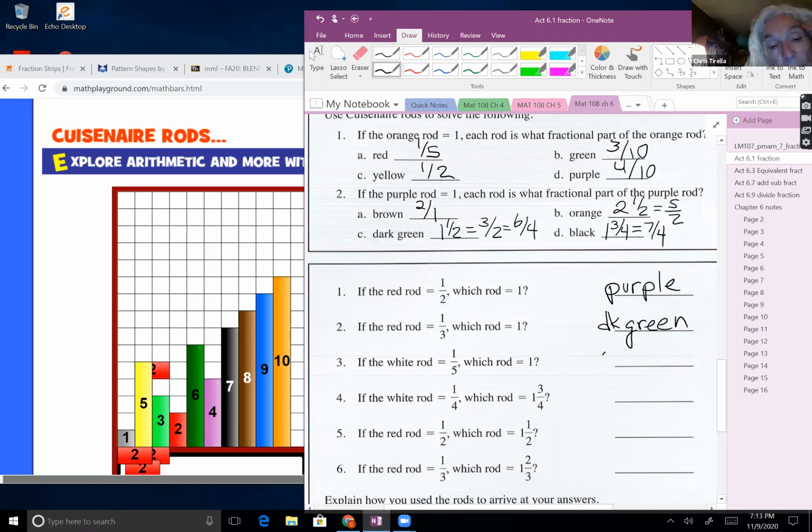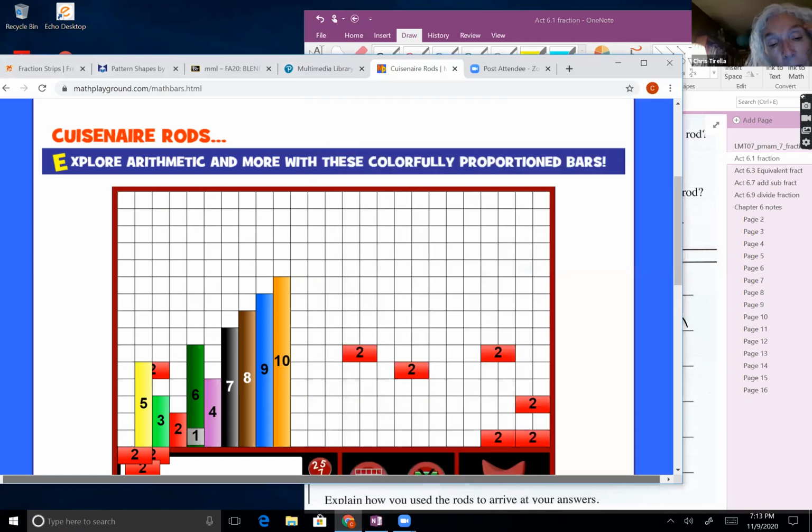Well, let's see. How many white ones would it take us to fill in the dark green? If the white one has a length of 1 and the dark green has a length of 6, I would think that that might be more than 1/5. Oh, the yellow. Yeah, I'm thinking the yellow. Anybody else in agreement with the yellow?